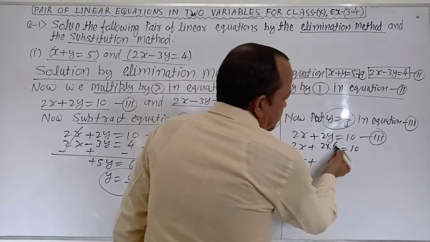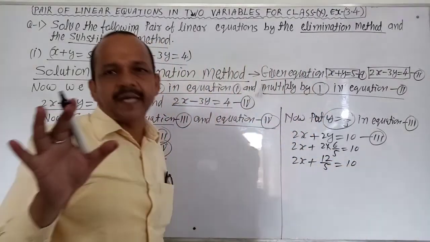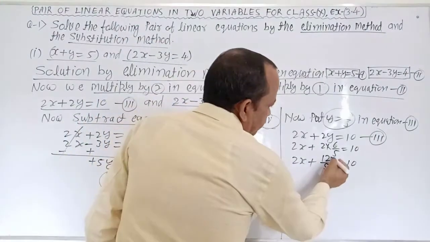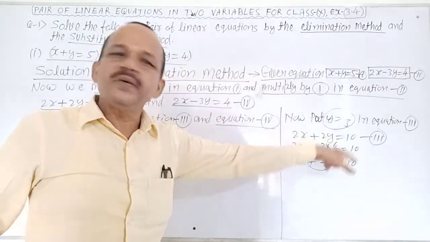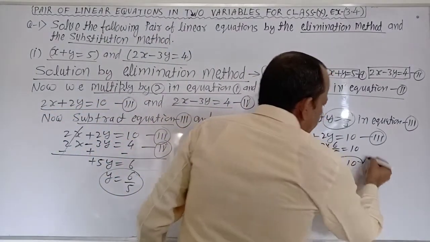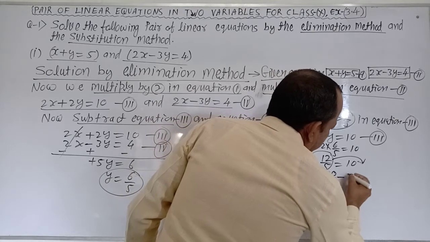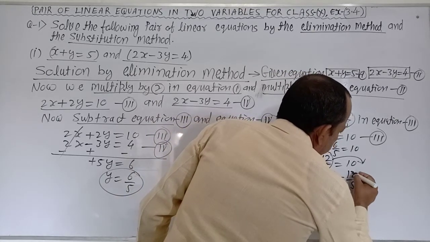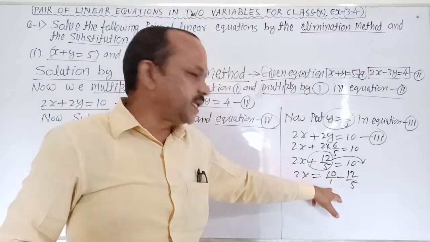2x plus 12 by 5 equal to 10. You can write plus 12 by 5 on the right side of equal, so it becomes 2x equal to 10 by 1 minus 12 by 5. Here 10 you can write as 10 by 1.